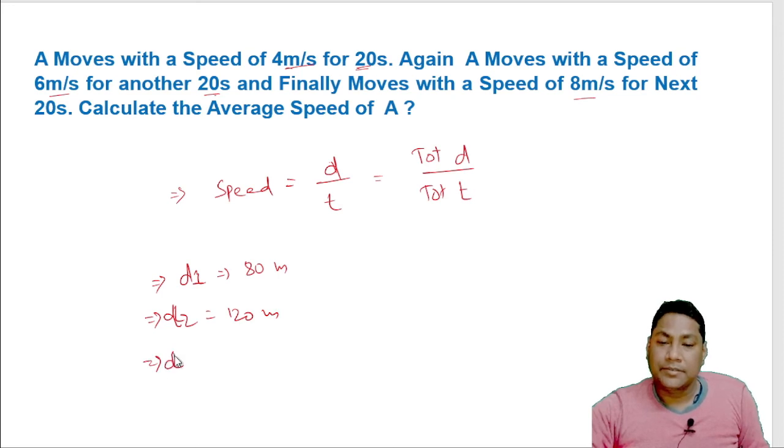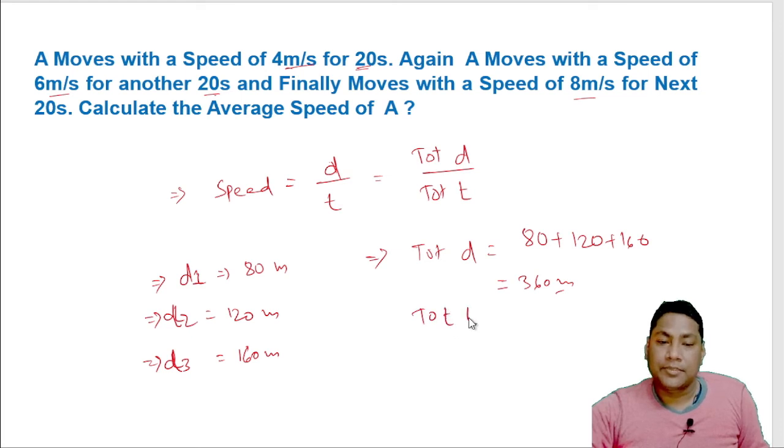Distance three: it becomes 8 meter per second for 20 seconds, so 8 multiplied by 20 means 160. Total distance is 80 plus 120 plus 160 meter, that is 360 meter.